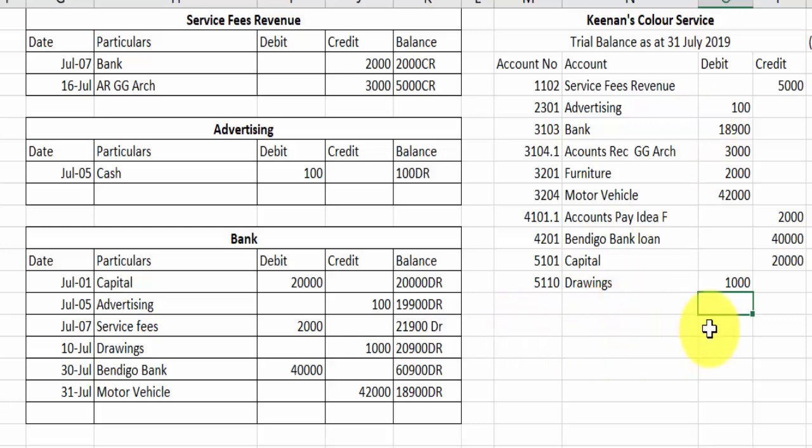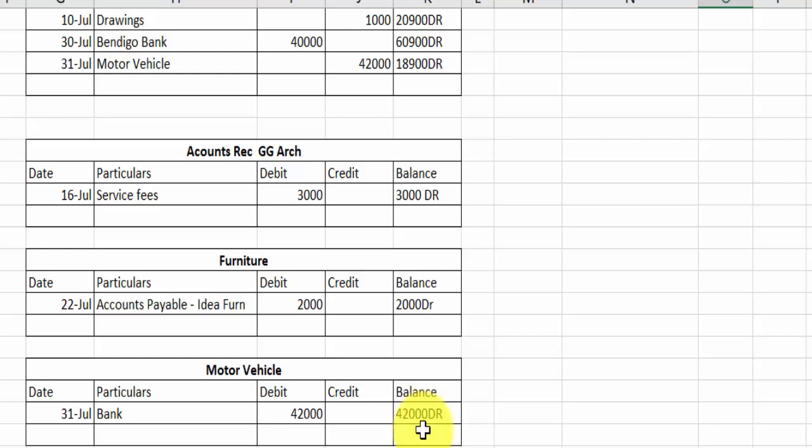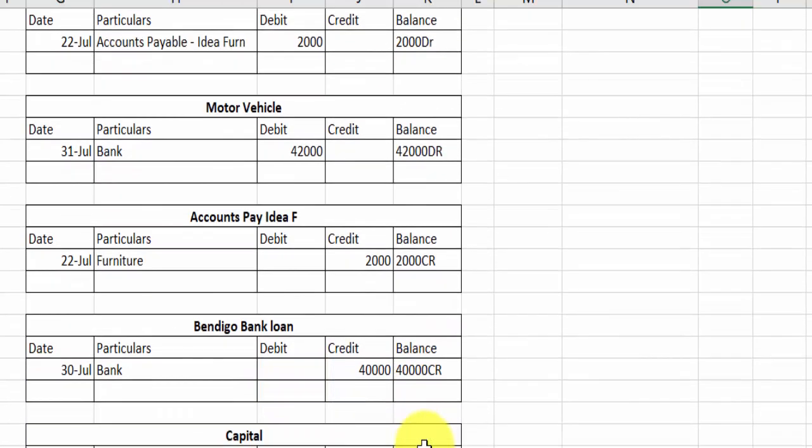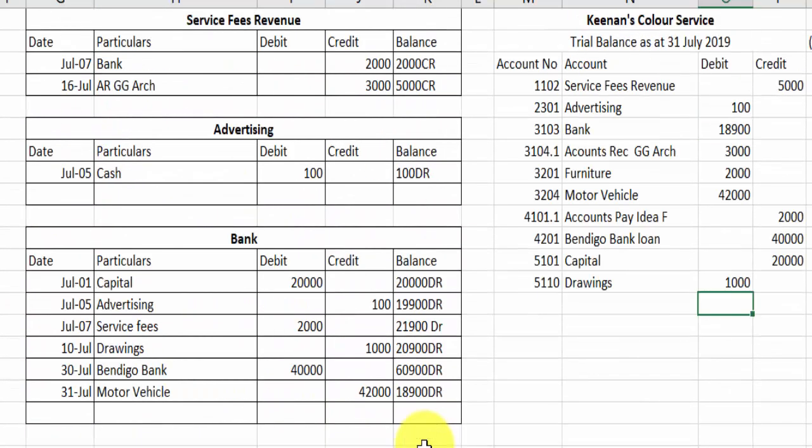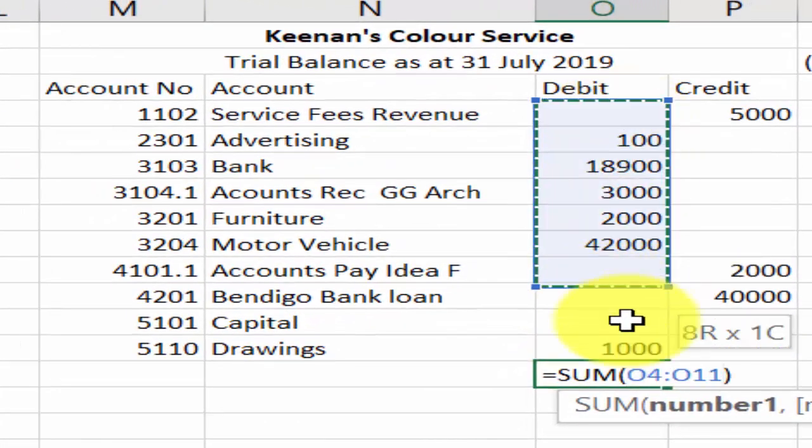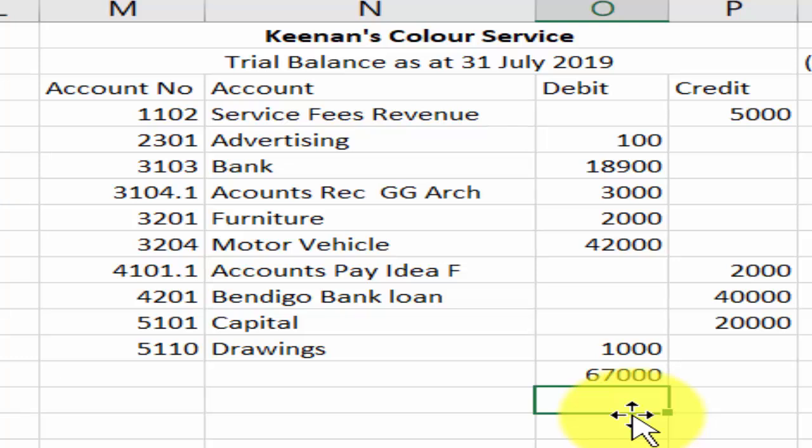Okay, back again. I have put all the amounts from the final balances of each account into my trial balance. Now what I've got to do is make sure that both sides are equal, and if they're not, I've made a mistake. So I've got an amount there.